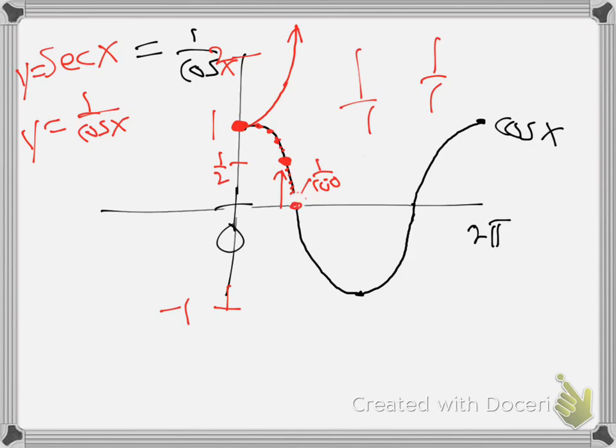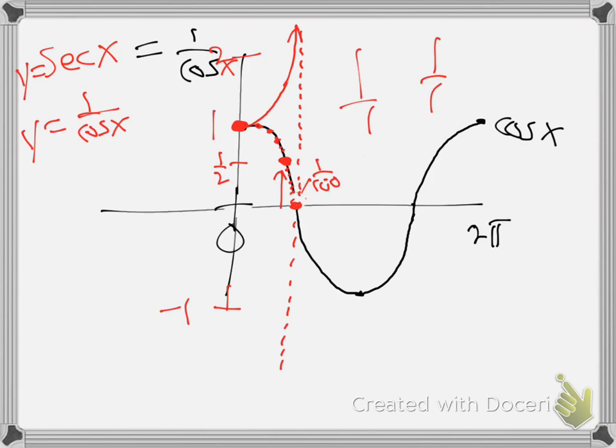And when you hit 0, when you land the plane at 0, cosine is at a height of 0 right here. What if you flip 0? That's not allowed. Guess what you're going to get there? The vertical asymptote for secant.